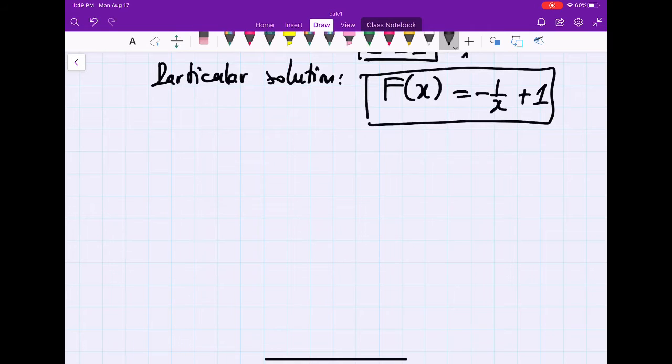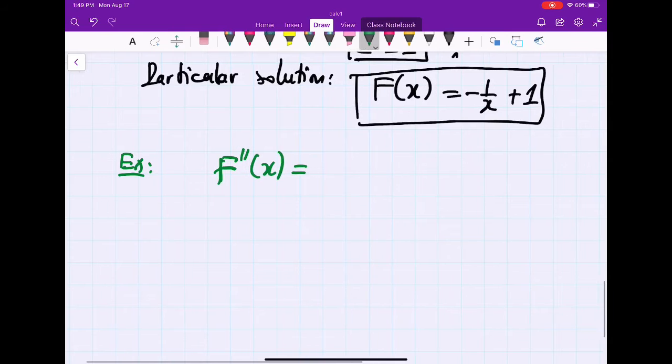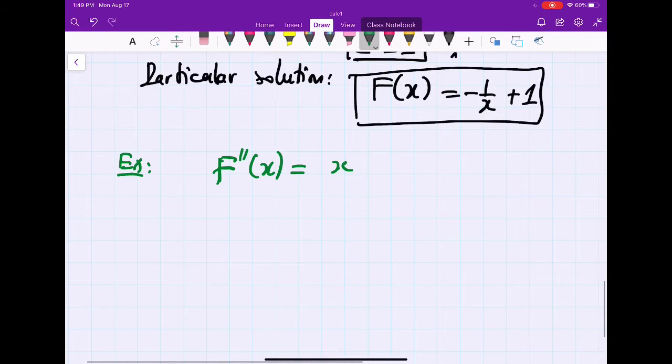Like, we know f double prime equal to, I can pick x for example. We need to find f of x. So how do you think? Can we use the same method? First we integrate that.